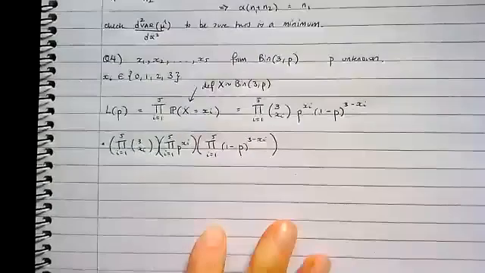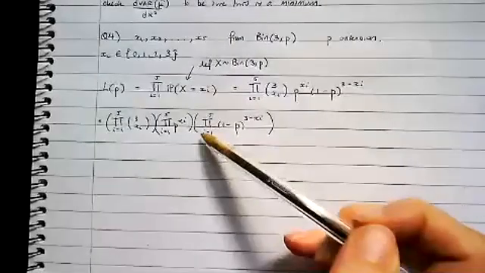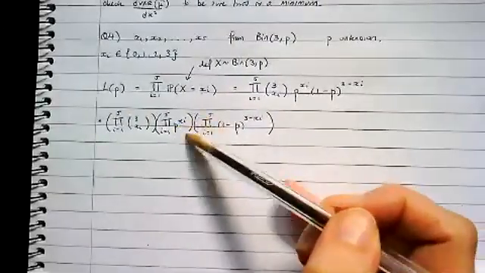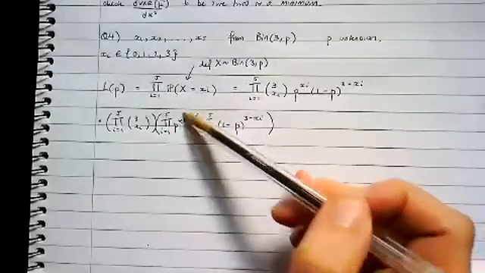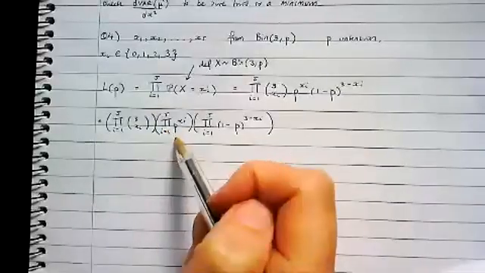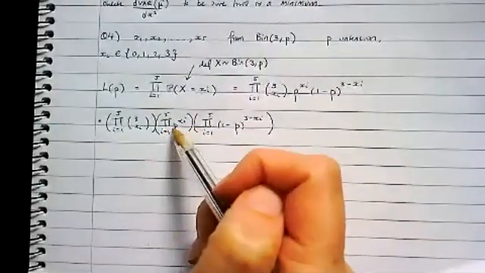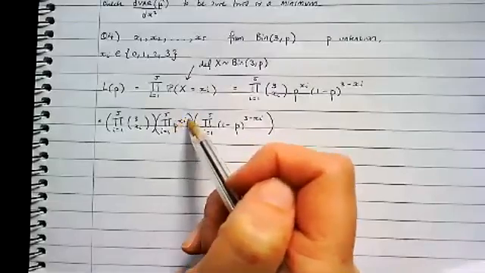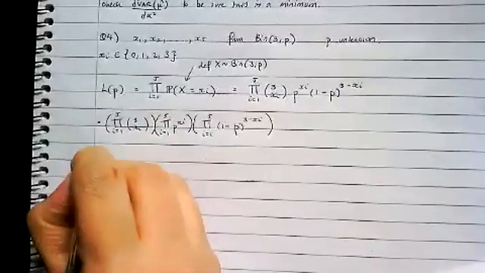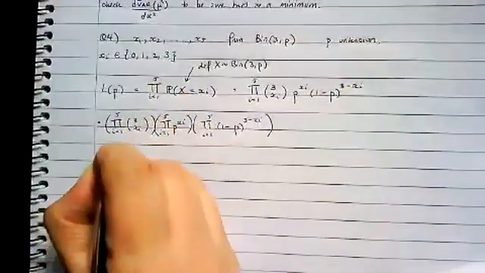Okay. Now, what I want to recognize in these 2 second terms is that because p is the same in each of the terms that I'm multiplying together, I can just add up the xi's. So I can swap the product of p to the power of xi for p to the power of the sum of the xi's. And you've got a little theorem about that Sally showed you in the preamble material before week 1.